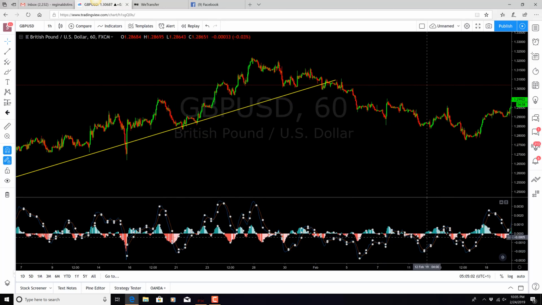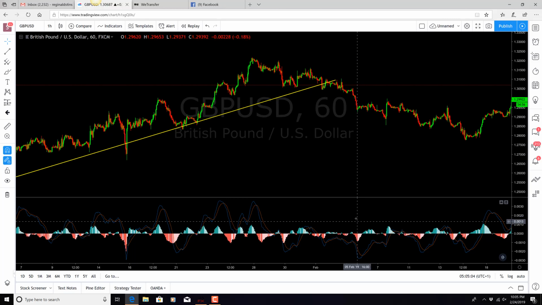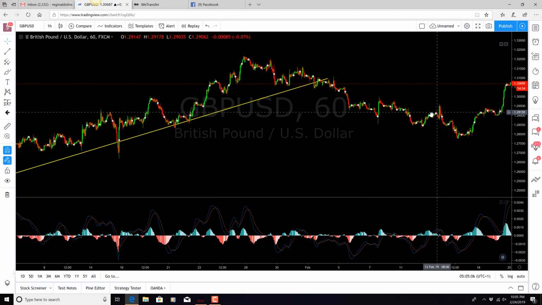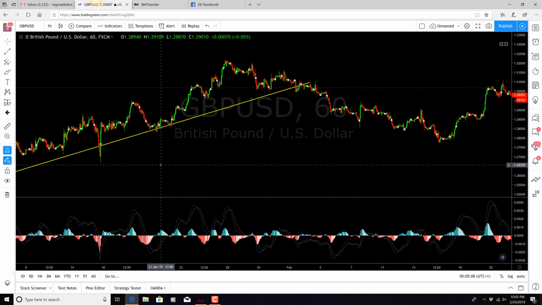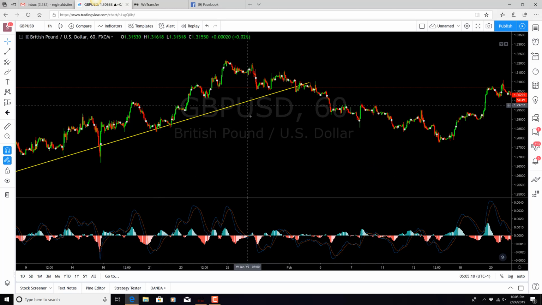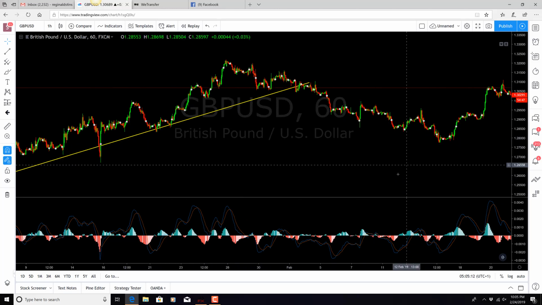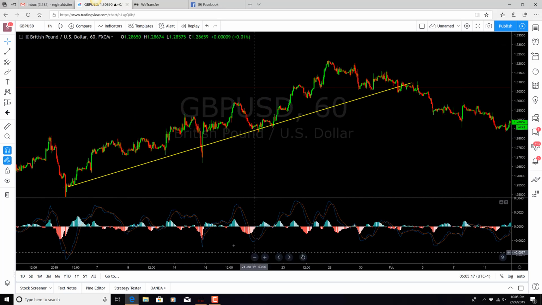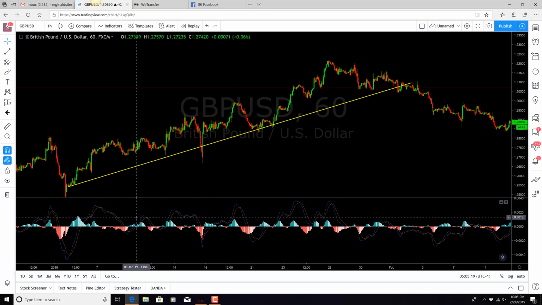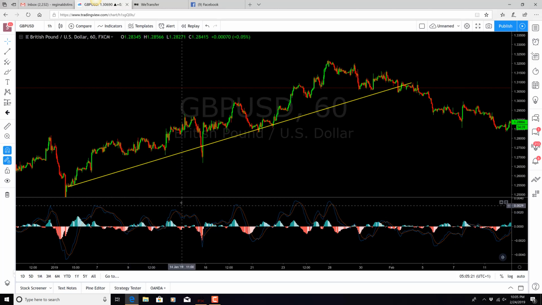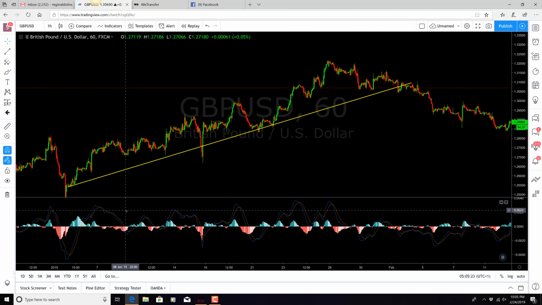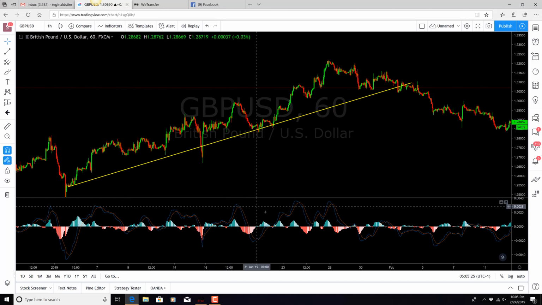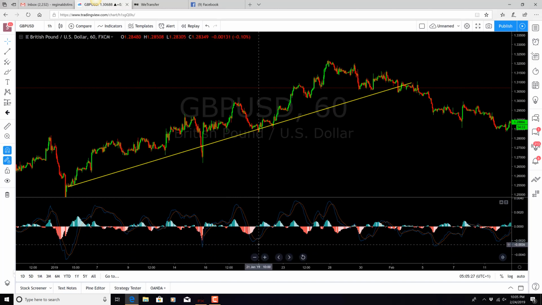The RSI and the stochastic are typically more effective in ranging markets, when the market is up, down, up, down like that. But if you are trending, those indicators are not going to be as effective, and you can find yourself getting into a lot of trouble if you're just trading highs and lows with the RSI or the stochastic.